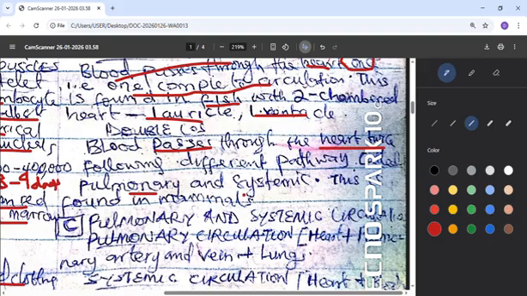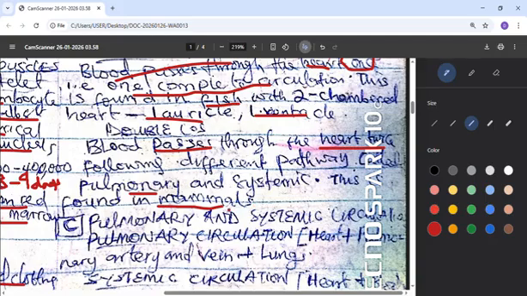These are different circulations. Pulmonary is the one that is going to the lungs; systemic is the one that is going to different parts of the body. So when these two circulations take place, we call them double circulatory system. This is found in mammals, as they are the ones that possess that circulatory system.